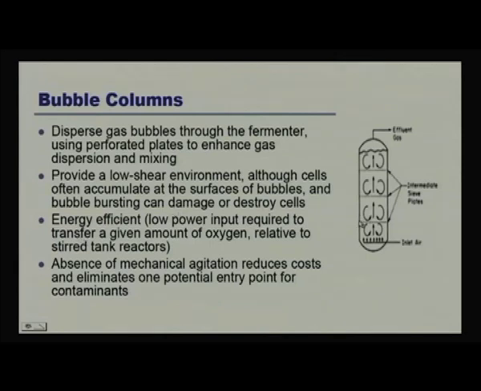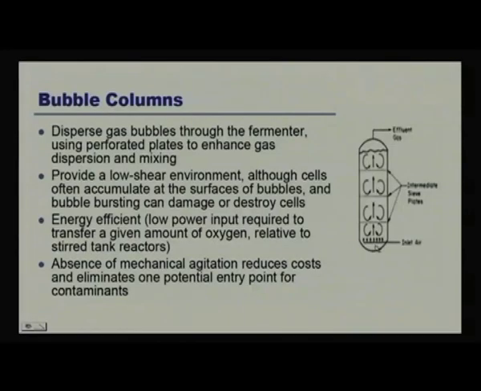So, these are some of the problems associated with this, but if the cells are very fragile, then under no circumstances can we use the agitator. So, how do we satisfy the oxygen demand of these cells?